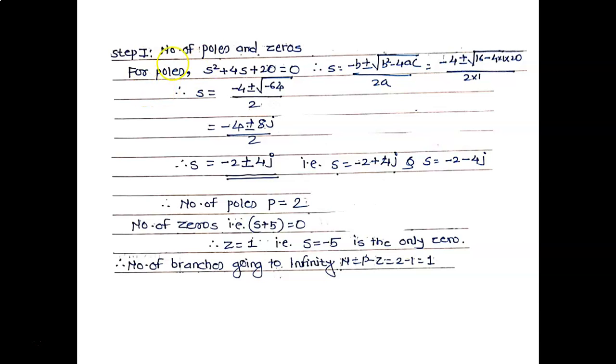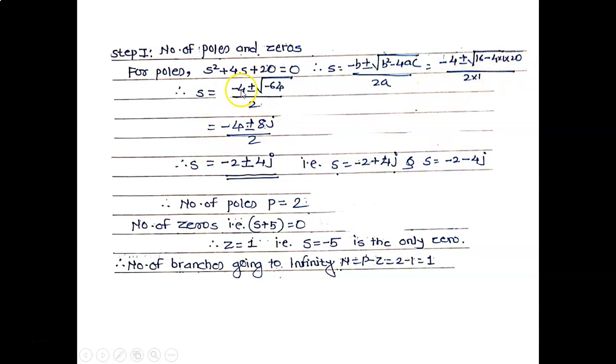Therefore, for poles, always remember poles are there in the denominator. Therefore, what is the equation in the denominator? s square plus 4s plus 20 is equal to 0. Therefore, you have to determine the roots of this equation. s is equal to minus b plus minus square root of b square minus 4ac divided by 2a, which is equal to minus 4 plus minus square root of 16 minus 4 into 1 into 20 divided by 2 into 1.